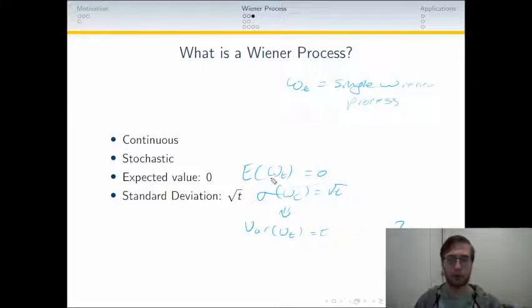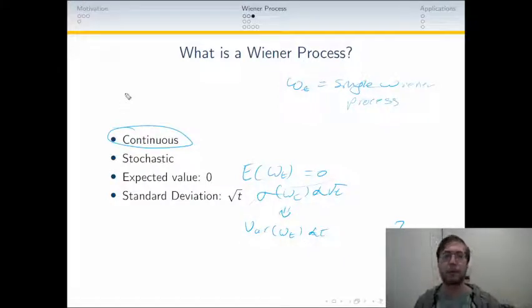So the expected value of any single process is going to be 0 at time t. The standard deviation is going to be proportional to the square root of t, and the variance is going to be proportional to t. The big difference between a random walk and the Wiener process is that the Wiener process is continuous.